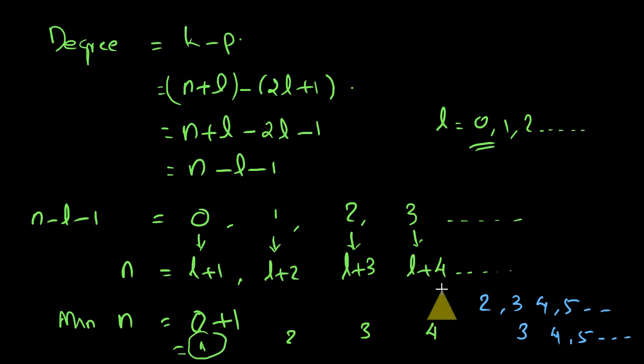So this establishes that N must be an integer. Since L is an integer, N must be an integer, and the minimum value of N is equal to 1.